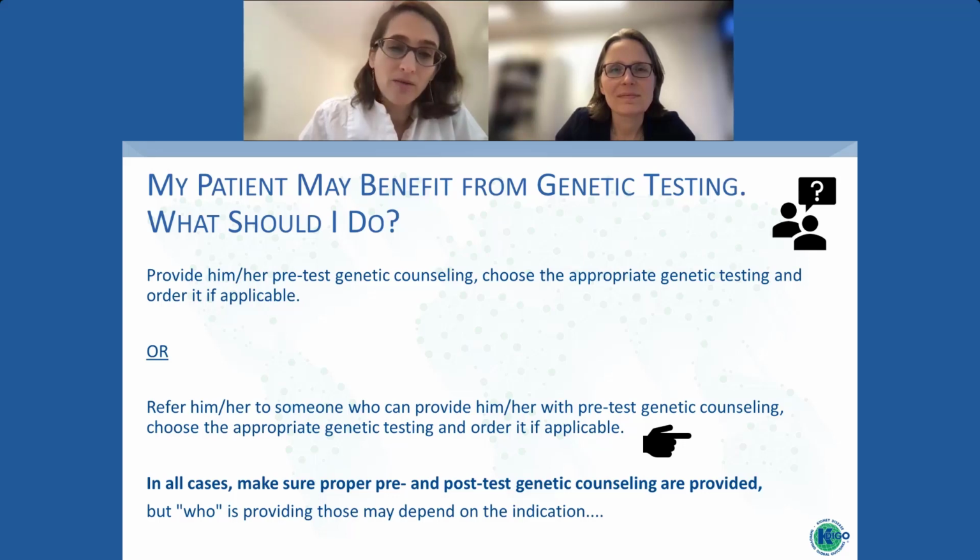Or if you don't feel comfortable doing one or all of these steps, you can refer your patient to someone who can do all of those. In all cases, your responsibility as the nephrologist caring for this patient is to make sure that proper pre and post genetic counseling was provided to your patient. But who is providing these may depend on the indication. It may depend on your patient.